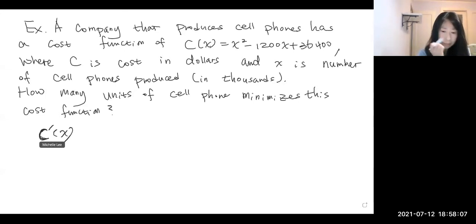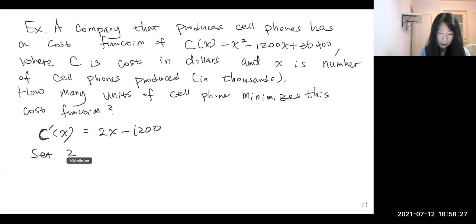So what do you get? 2x minus 1200, sorry, okay? Then we set this equal to 0.